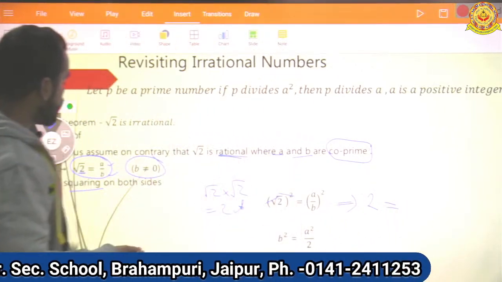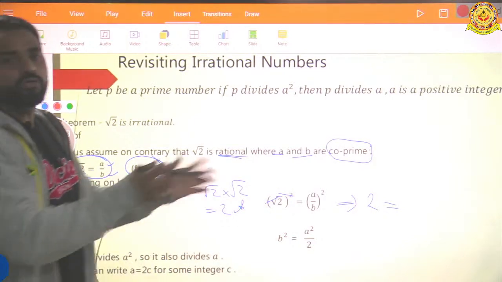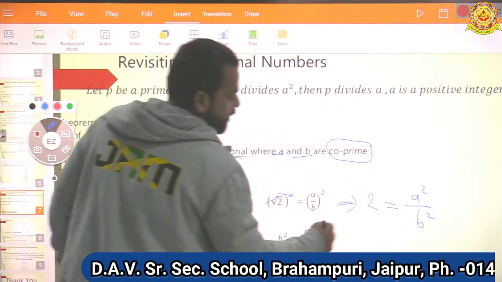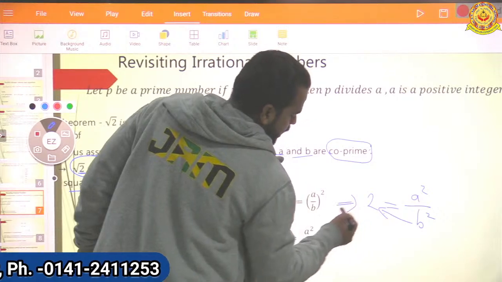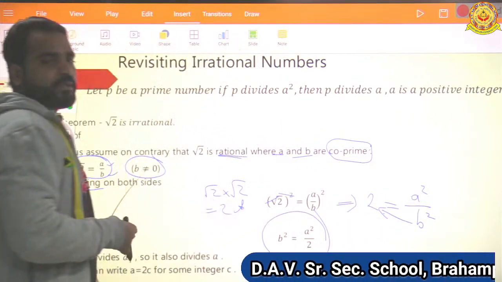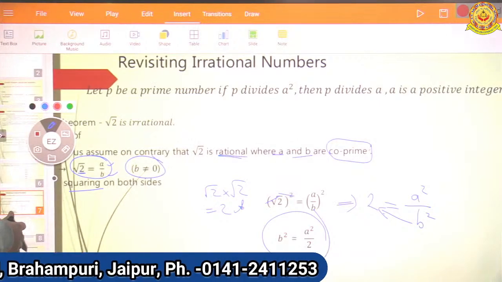On the right side, because we are squaring both sides, a upon b also comes in the square form, which can be written as a square upon b square, right? So now we can do the transposing, and here b square is equal to a square upon 2. Is it right? b square is equal to a square upon 2.